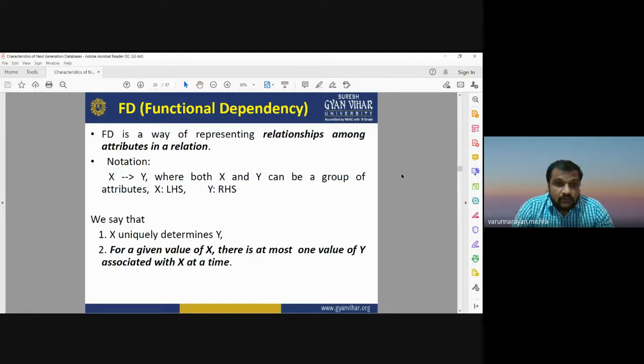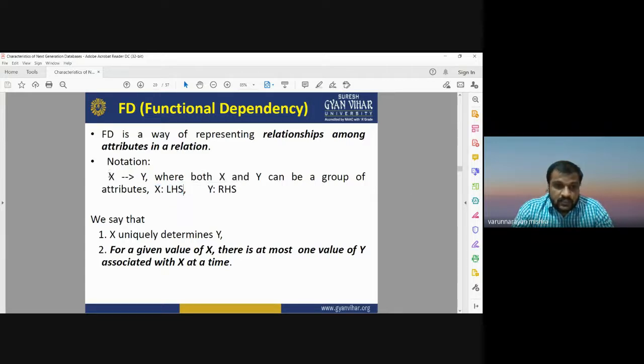The notation for functional dependency is written here: X → Y. This symbol represents the functional dependency, where both X and Y can be groups of attributes, X being the left hand side and Y the right hand side.